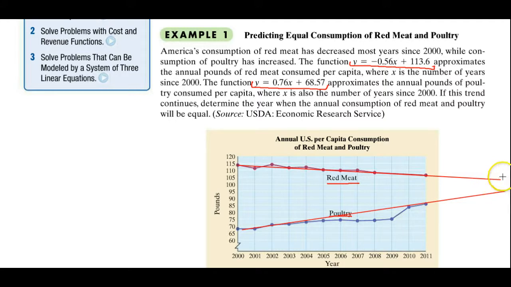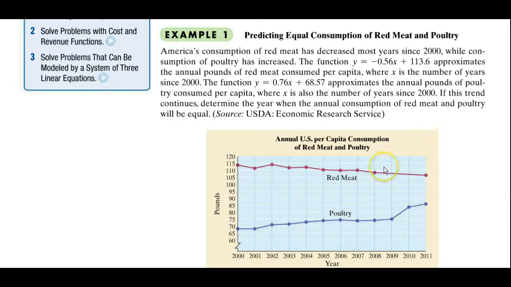That these lines are going to intersect. And they're going to intersect at some point in time. This is 2011 down here. So 2025 maybe out there, that these will intersect. At that time, the amount of red meat sold and the amount of poultry sold will be the same. And that's what they're showing us here as background.